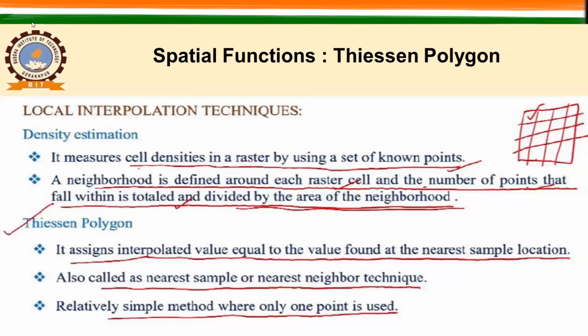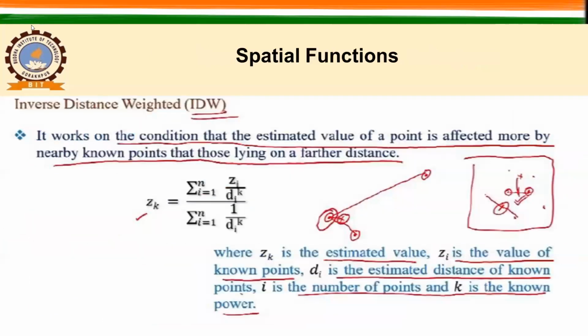Now the next is IDW. IDW is the inverse distance weighted method. Slowly it is gaining popularity because it is giving you more accurate data. It works on the condition that the estimated value of a point is affected more by a nearby known point than by those lying at a farther distance.